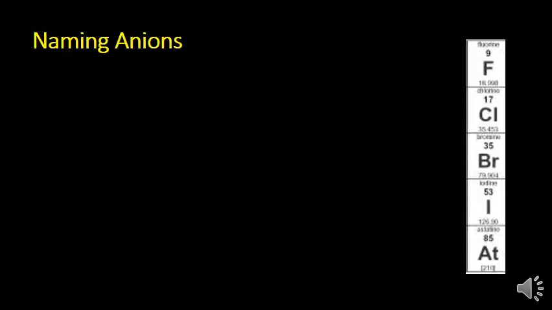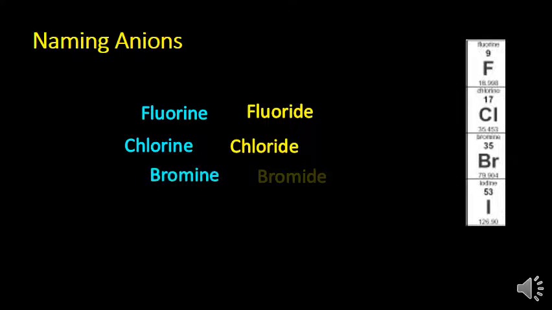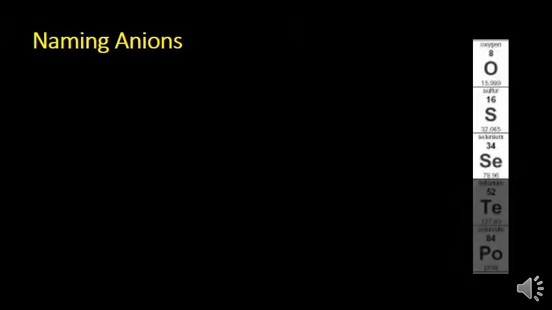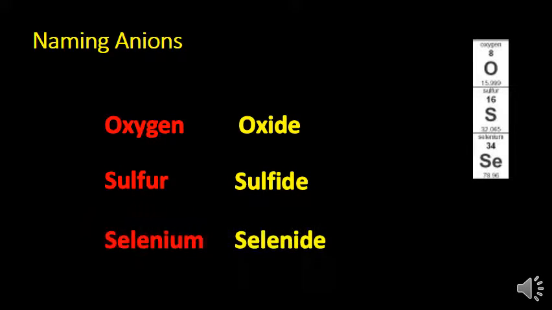Now, naming anions is not quite as easy as it was to name cations because we have to change the ending. Fluorine becomes fluoride, chlorine becomes chloride, bromine, bromide, iodine, iodide. Then we have oxygen, which becomes oxide, sulfur becomes sulfide, and selenium, selenide.